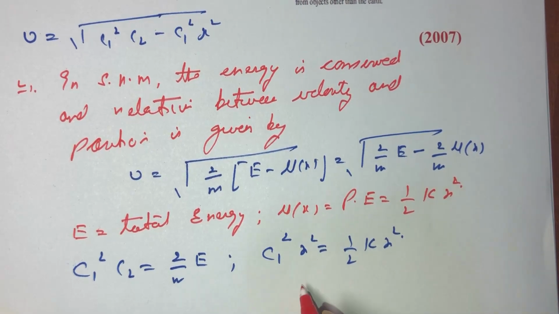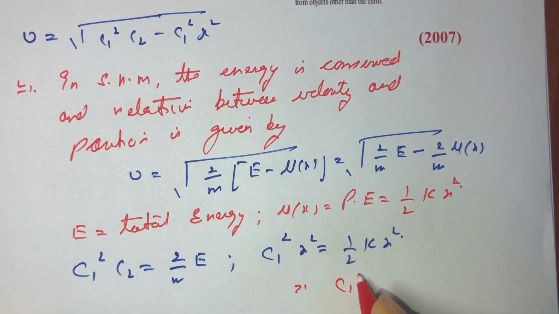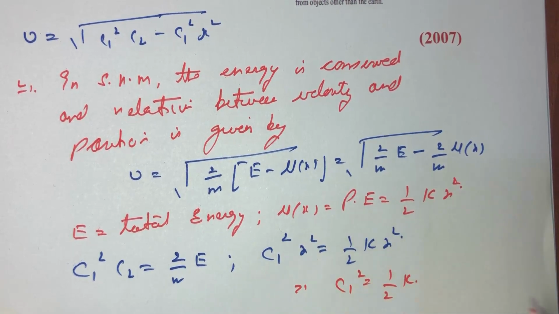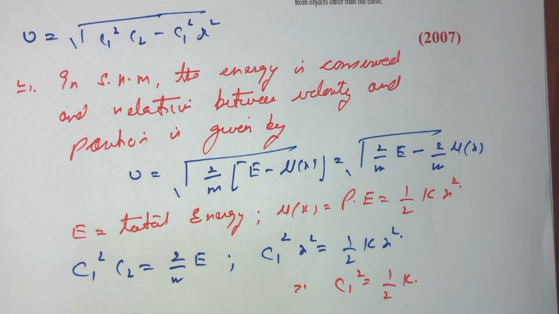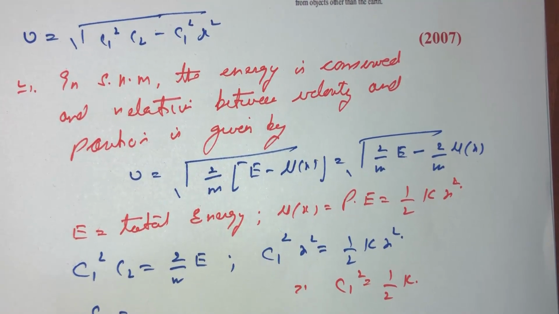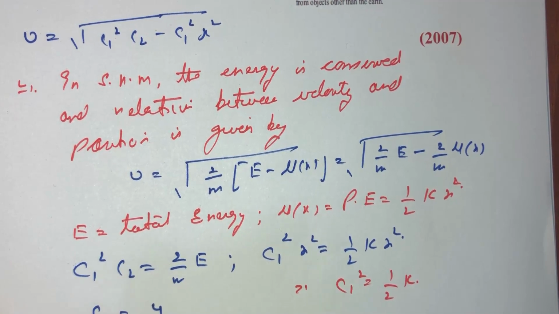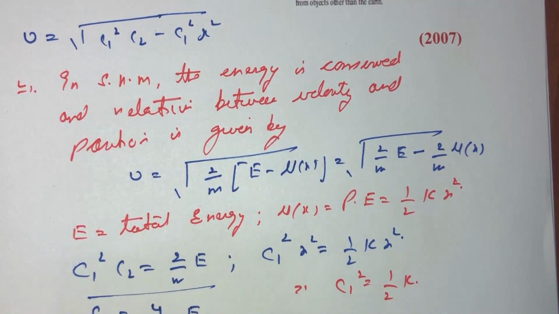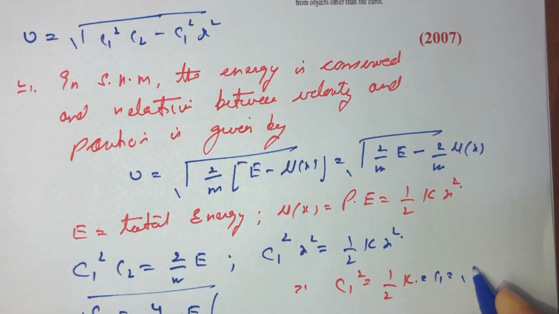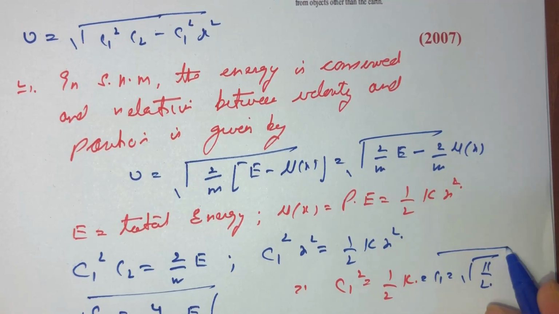So from this we can say that C1 square is equal to half k, and if you substitute this value here, we get that C2 will be equal to 4 upon m k multiplied by E. So this is the value of C2, and C1 we can also write in this way, square root of k by 2.